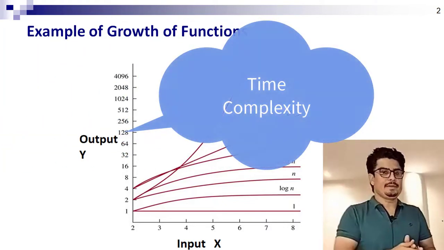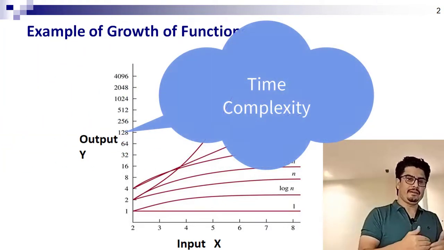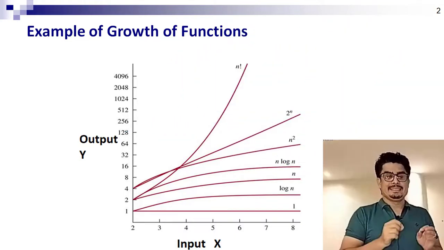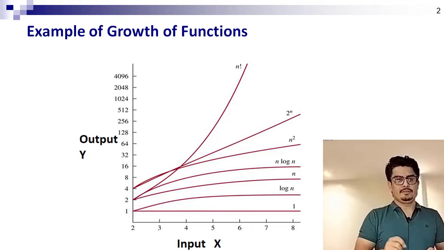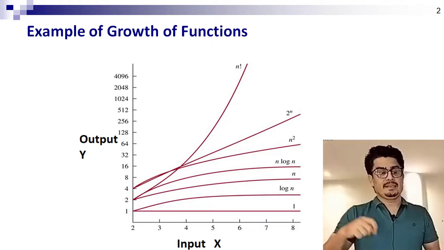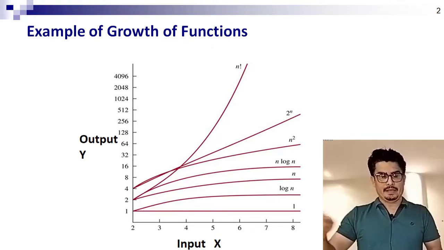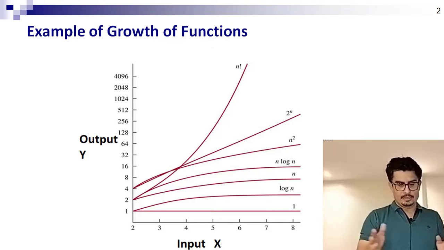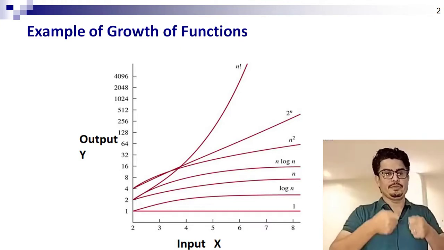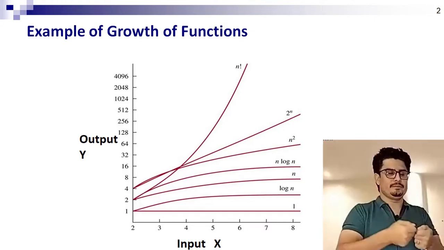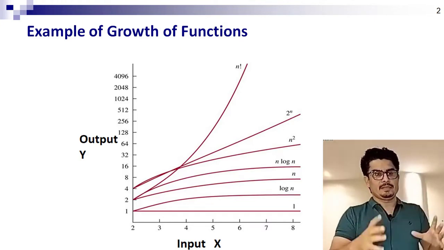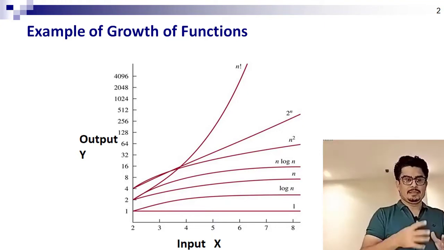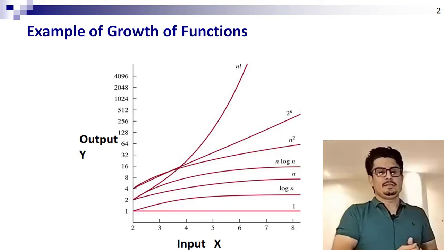For the time complexity we should have the ascending order of different items, or the set of items. If we give input to the algorithm, to the formula, to the function, it will process that input, and we ask how much time it takes to process that particular input.